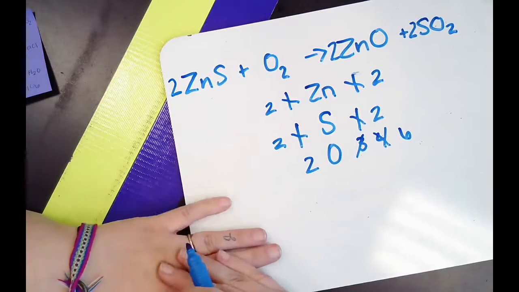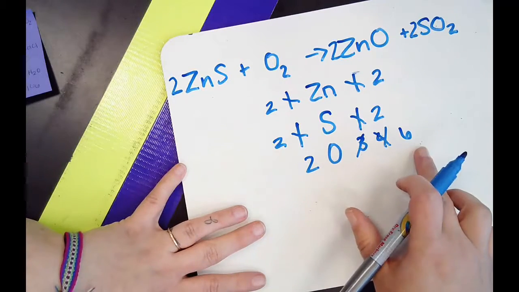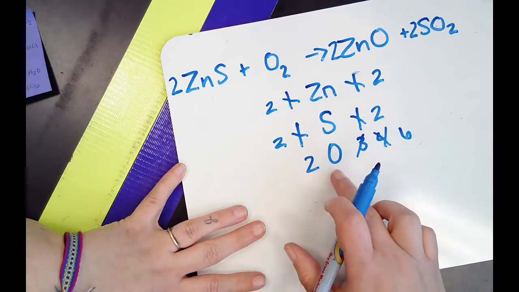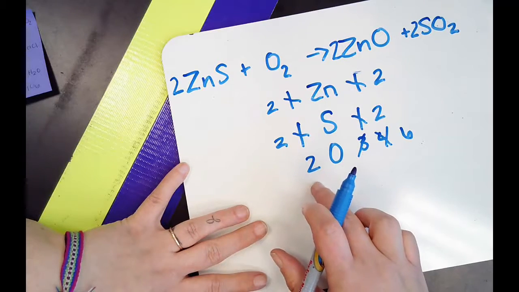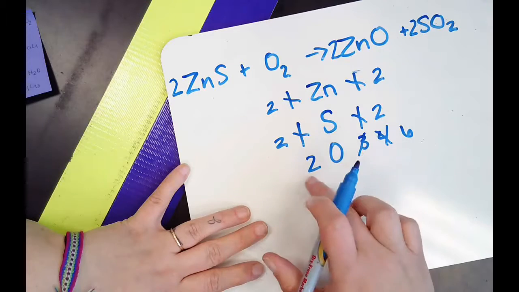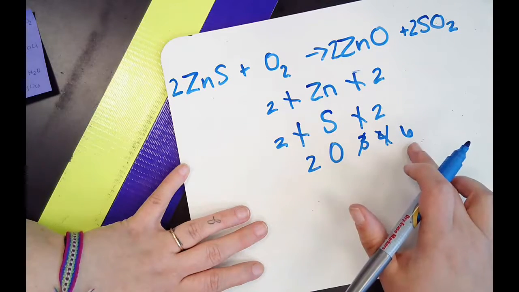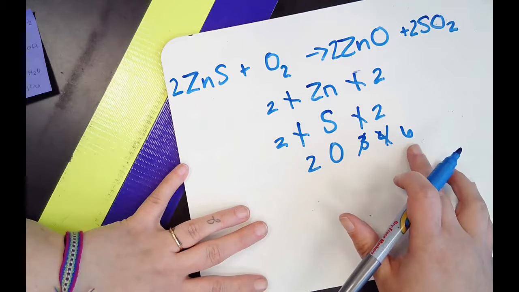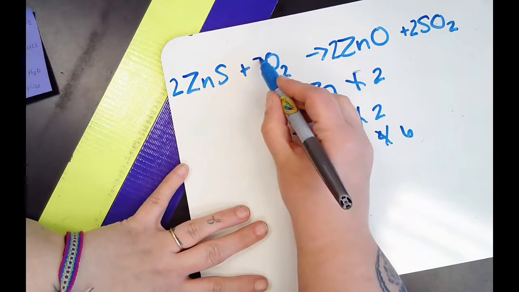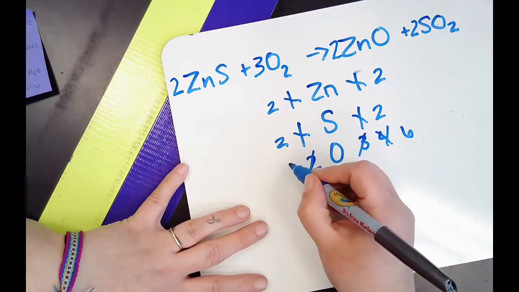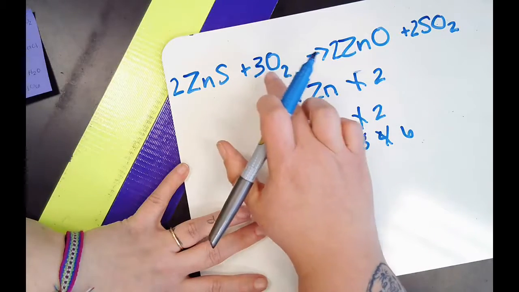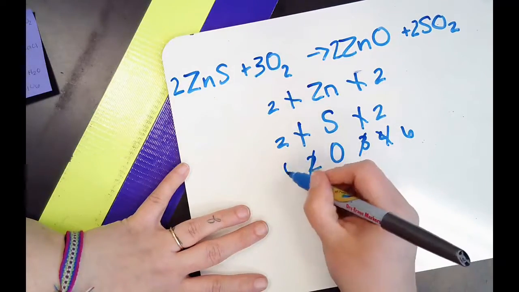My last thing to balance is now my oxygens. I want to have 6 on this side and I only have 2. So the only way that I can make a 2 turn into a 6 is to multiply it by 3. So I'm going to put a 3 in front of my oxygen containing compound on this side of my equation, and it's going to change me from having 2 oxygens to having 6.